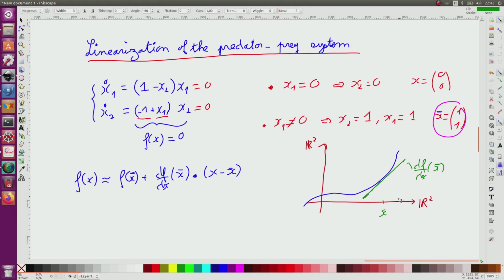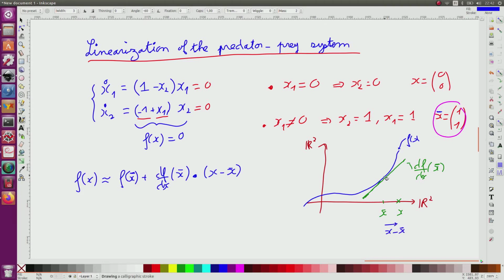And if I take x here, which is near x bar, we can understand that the tangent is very similar to the function f. So the function f is this one. In this case, this corresponds to x minus x bar.